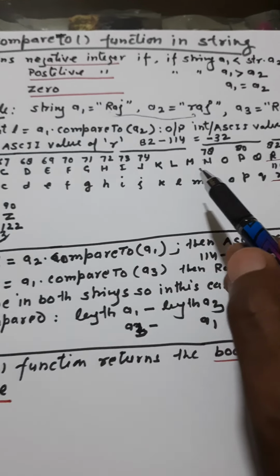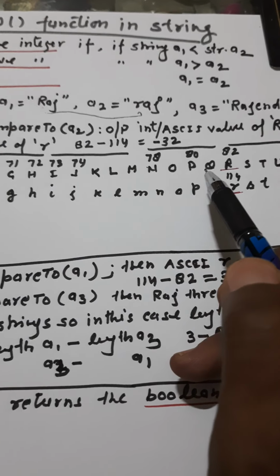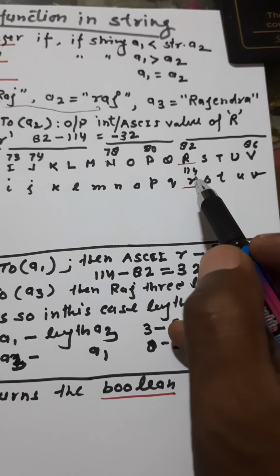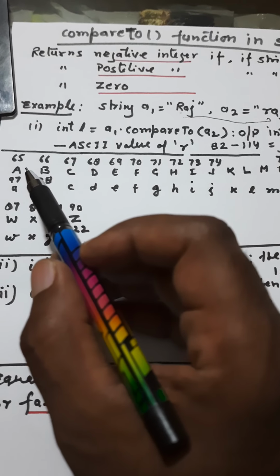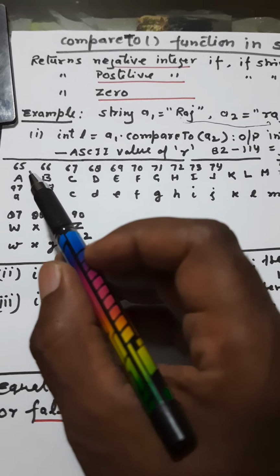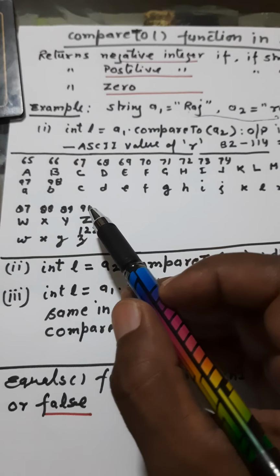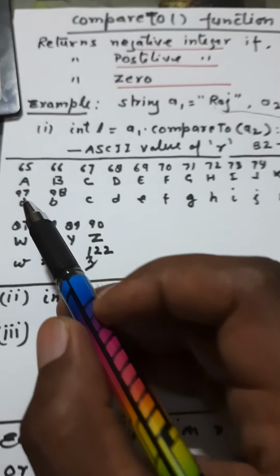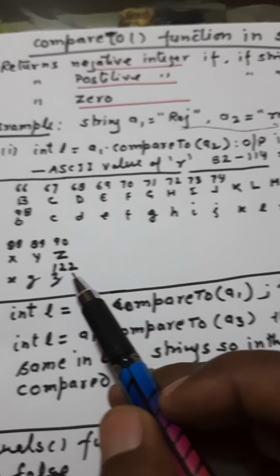Capital R value is 82 and small r value is 114. As you know, in capital alphabets, A starts with 65 and Z ends with the ASCII value 90. In small letters, a starts with 97 and ends with 122, right?